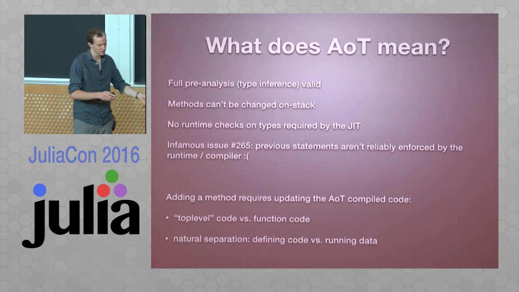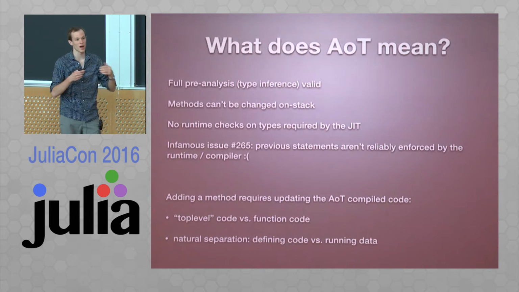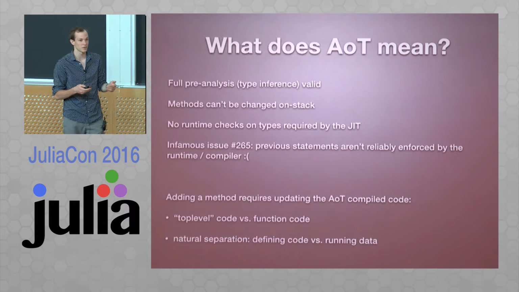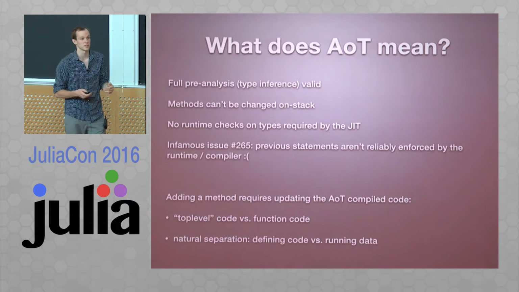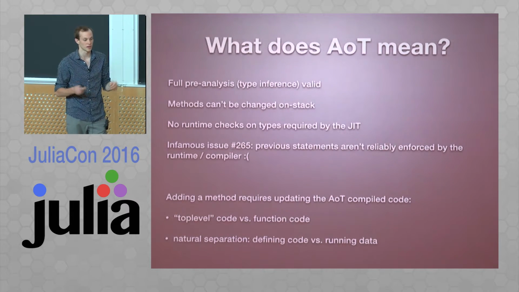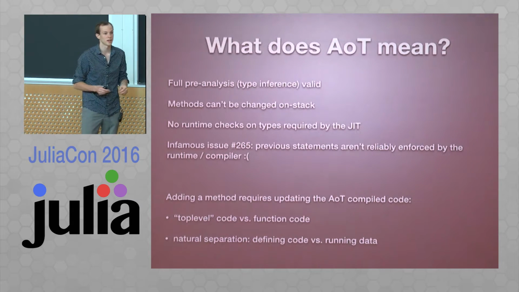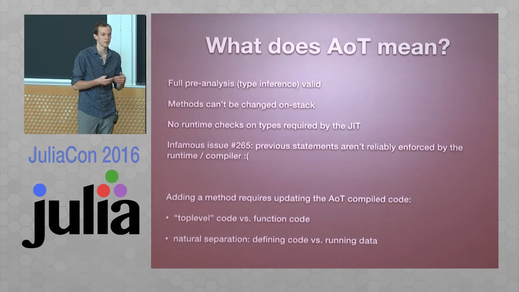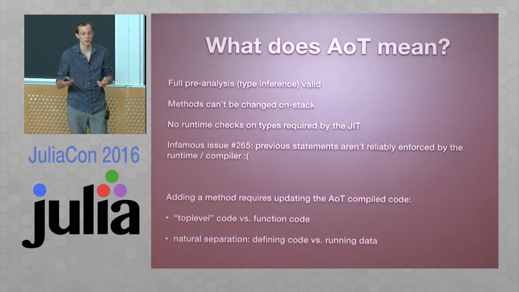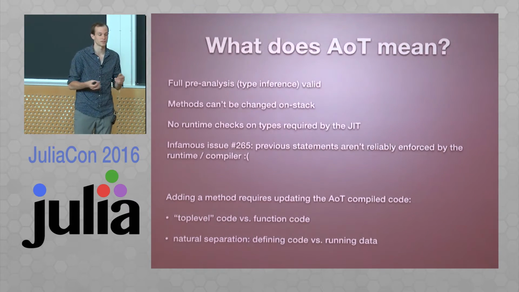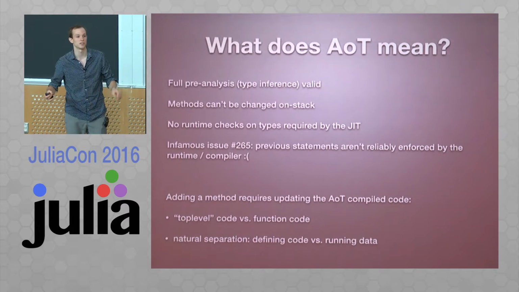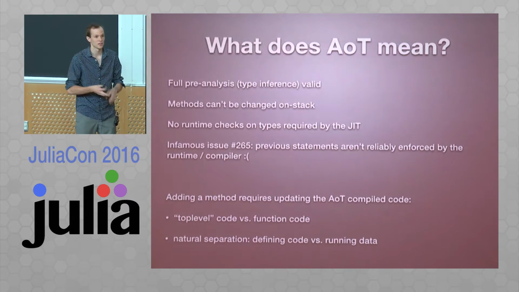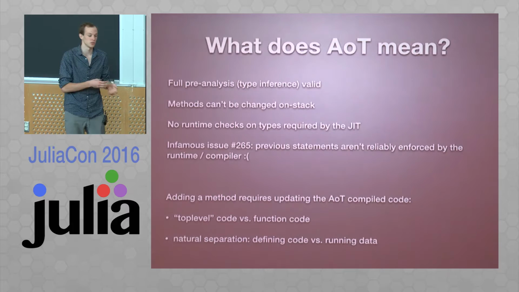As I was saying, the key difference between why we can be an ahead-of-time compiled language is that all of the function declarations are visible at what we call top-level scope. Top-level scope is allowed to do a lot more. It's what you get when you call eval or when you are including a file. It has function definitions, it has type declarations, it can call using. These are all things that inside a function you aren't allowed to do.